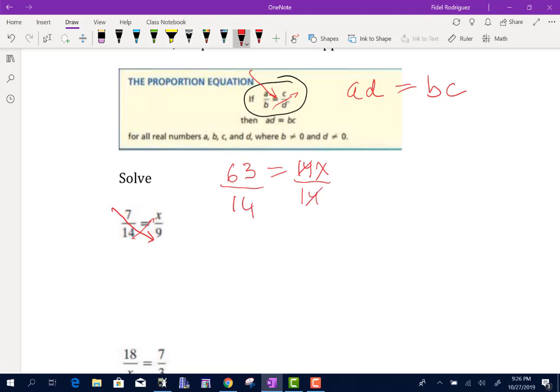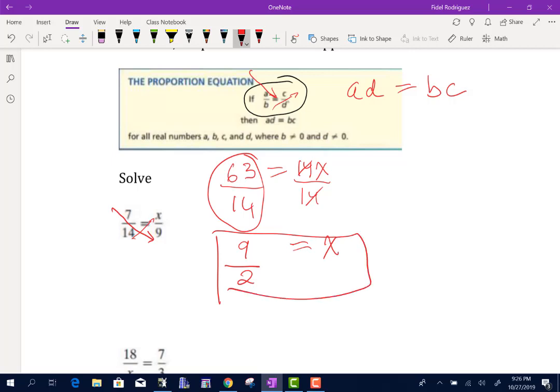Those will cancel. And these numbers, I know I can divide them at least both by 7. So 7 goes into 63 9 times, and 7 goes into 14 twice. And so we're left with 9 over 2 equals x.